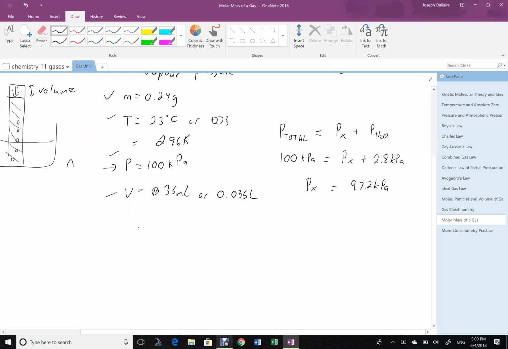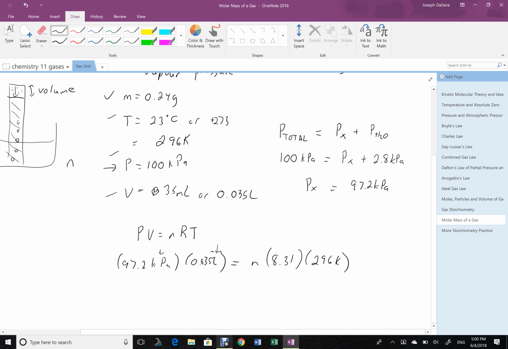So to come up with my moles, I'm going to use PV equals nRT, since I'm not working at standard temperature or pressure. 97.2 kilopascals, 0.035 liters. Moles is what I'm looking for. I can use 8.31 because I'm in kilopascals and liters. And my temperature of 296 Kelvin.